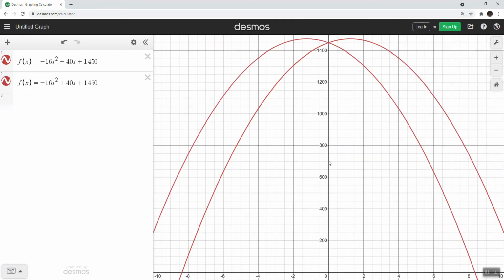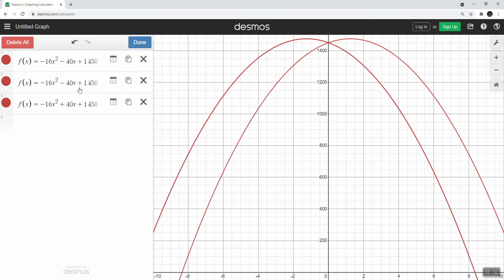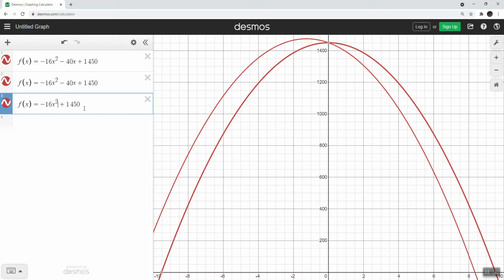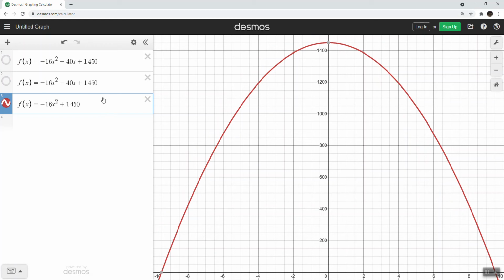Ooh, what happened? Let's see. So here's the initial one, and there's the change. Let's duplicate this, and let's take away the plus 40. So here's the initial one. Boy, they're all the same color. Isn't that awful? So here's when we're not throwing it with a speed down.